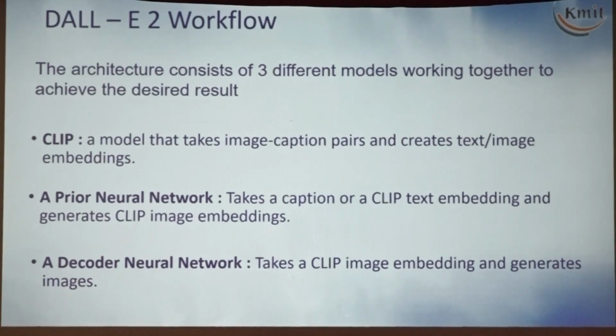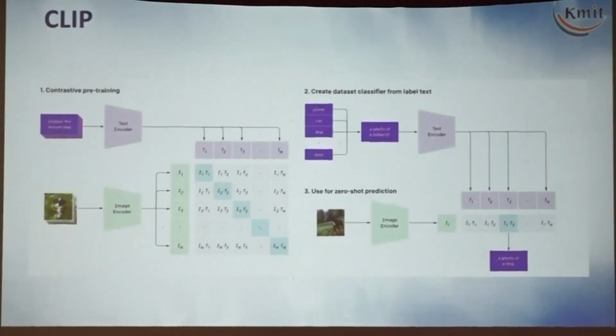Now we will go with the CLIP architecture. Just recap it. This is the training phase, where we give sentences and images. We use the image encoder and text encoder to generate the representation vector, which we can call the embedding vector or embedding matrix.